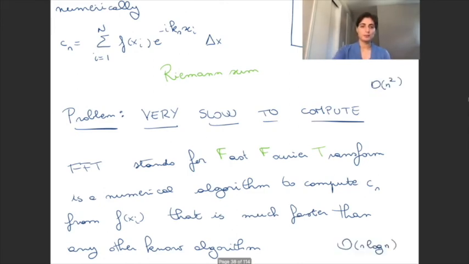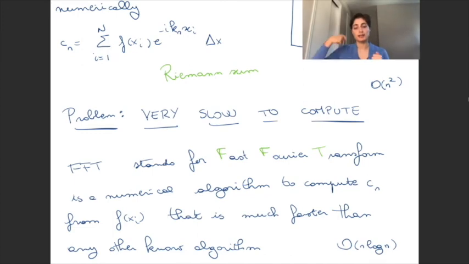So to be more precise, your initial algorithm that was just brute forcing the Riemann sum took a time that was a coefficient times n squared, where n is the number of Fourier coefficients that you want to compute.